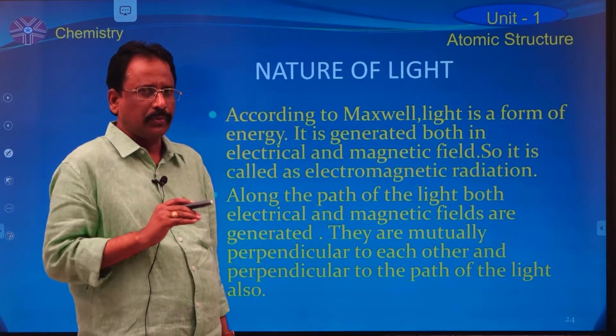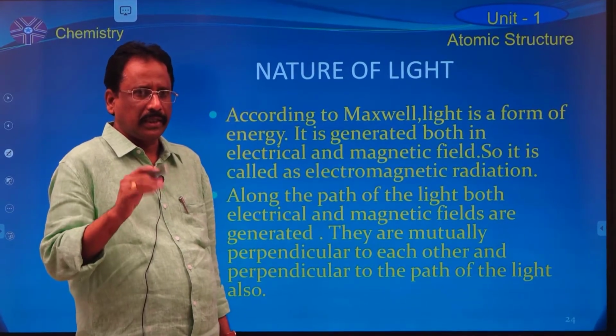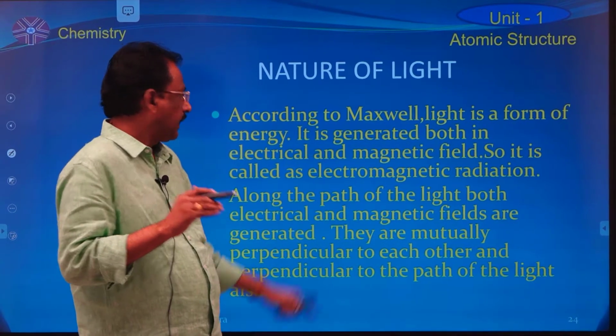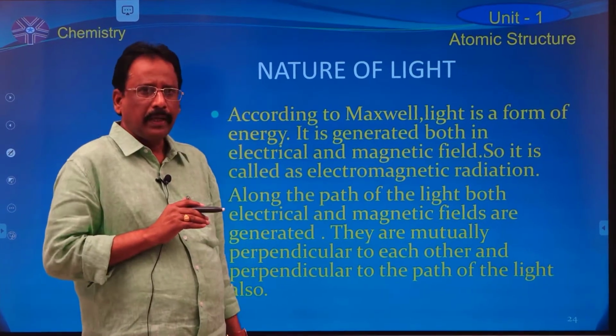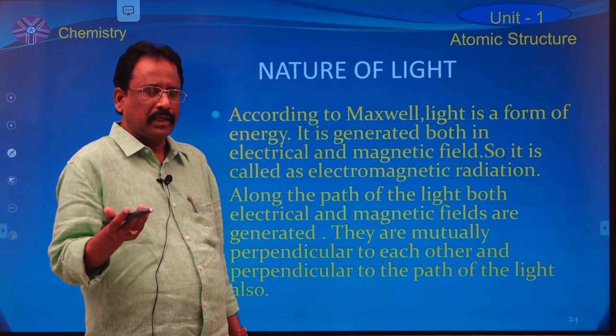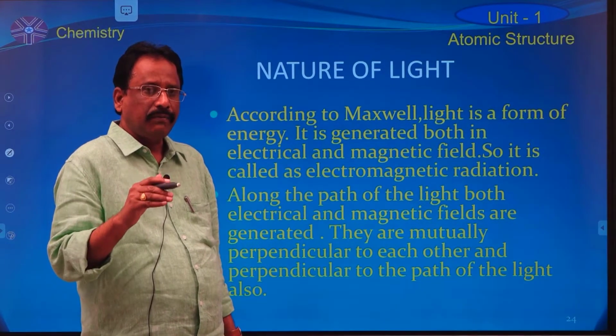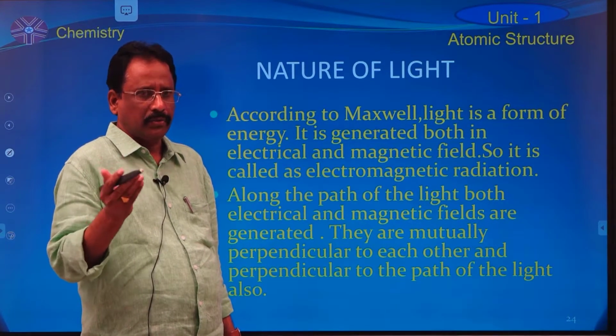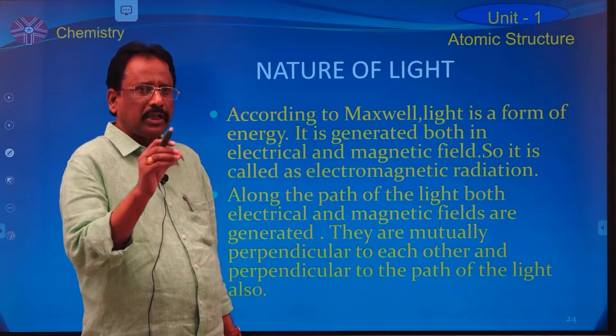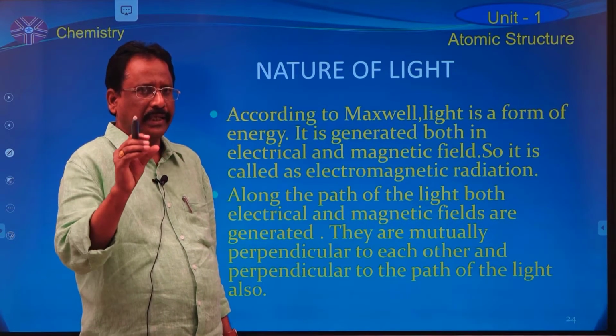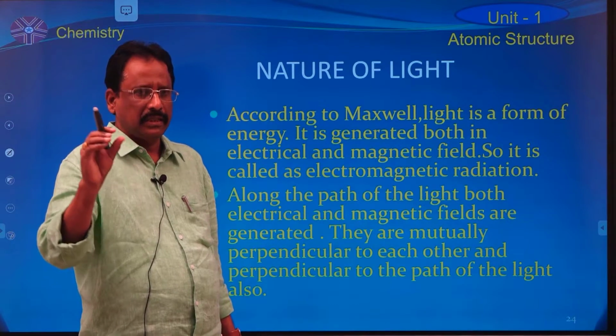So, according to the electromagnetic theory of radiation, light is a form of energy, and light is generated in both the electrical field and the magnetic field. That means when a small magnet is placed in an electrical field, light is generated.